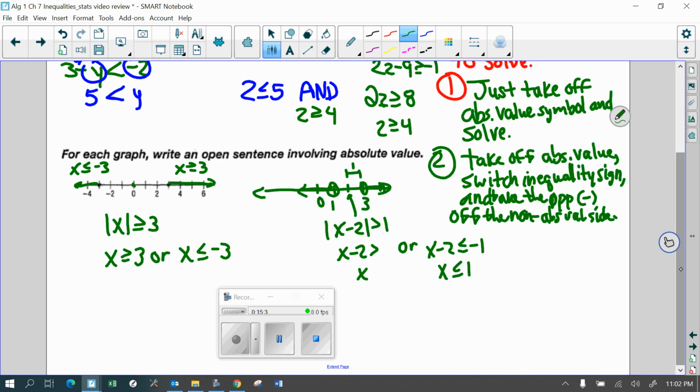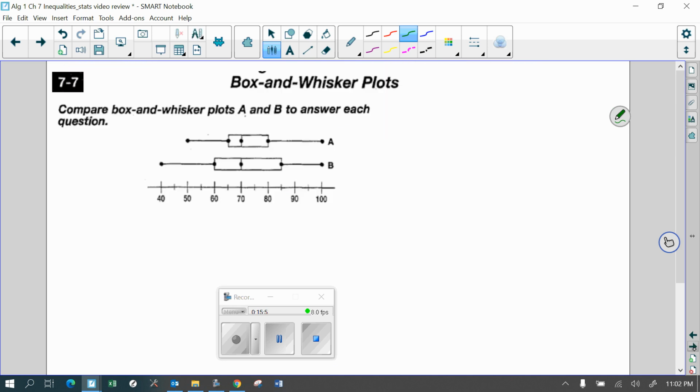There is no equal sign with it. And so same thing over here. Got to take off the equal sign. They were not shaded in.